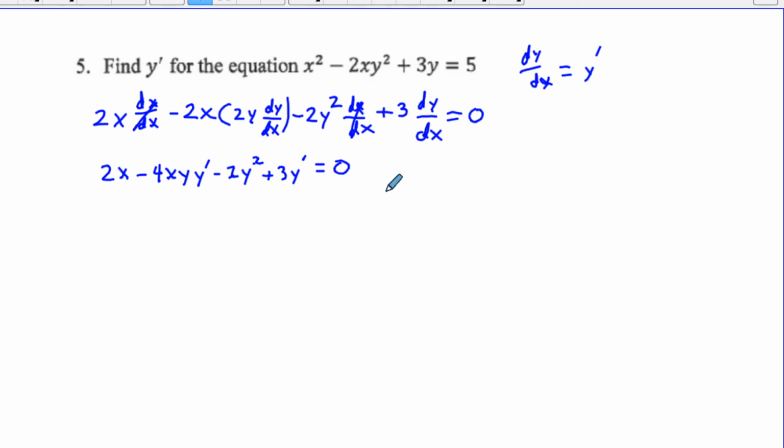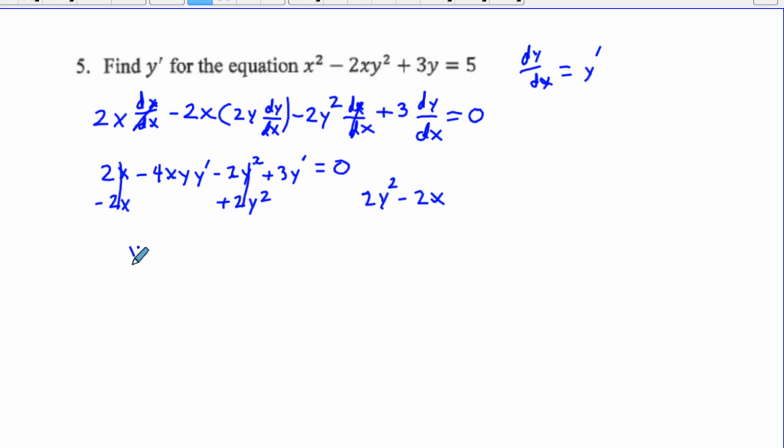Now everything without a y prime we're going to get rid of and move to the other side of the equation. So we have minus 2x and plus 2y squared. So on the right side I'm going to write 2y squared minus 2x. And so these will cancel out here. And so our common factor between what remains on the left side is going to be y prime.